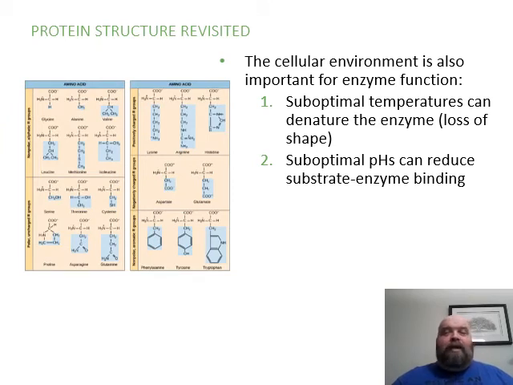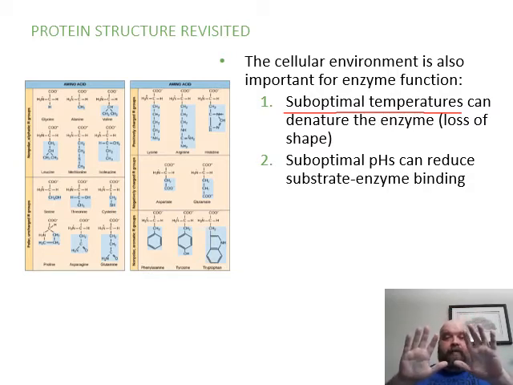Well, how can we extraneously affect the ability of an enzyme to function? First one, suboptimal temperatures. Okay. Keep in mind, everything in the universe vibrates. They call that Brownian movement.